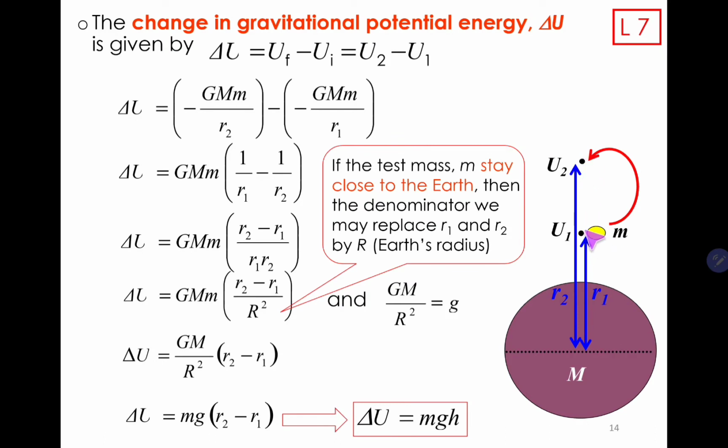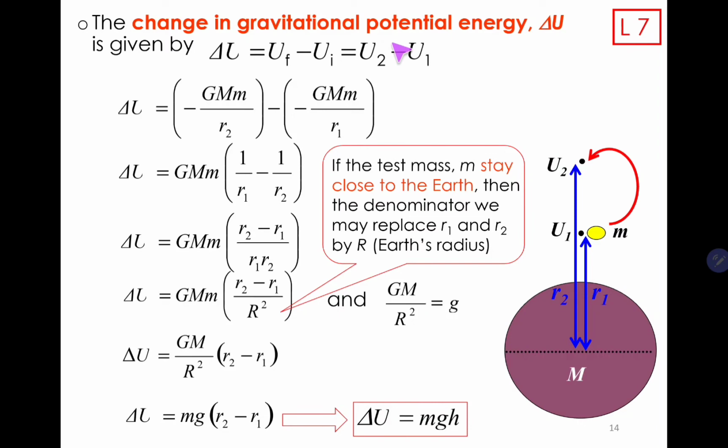So this is the initial position, and this is the final position. The initial position is located at R1 from the center of the planet, and the second position is located at R2 from the center of the planet. So the object is moving from point 1 to point 2.